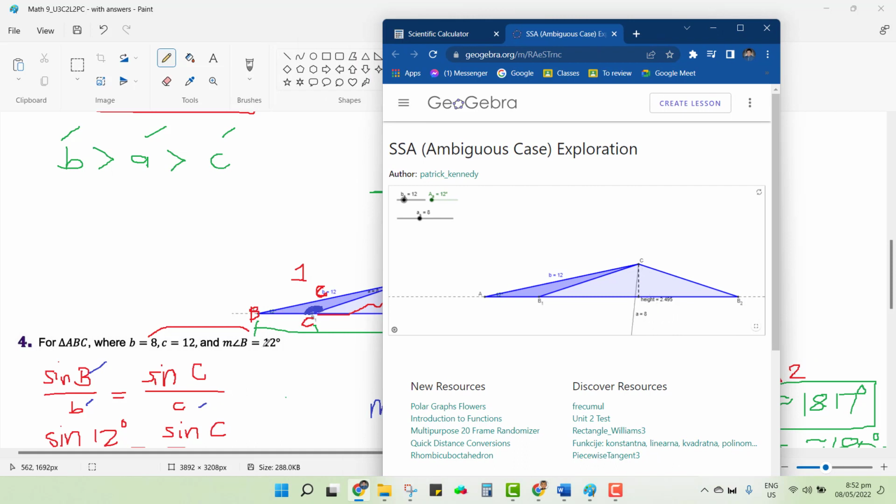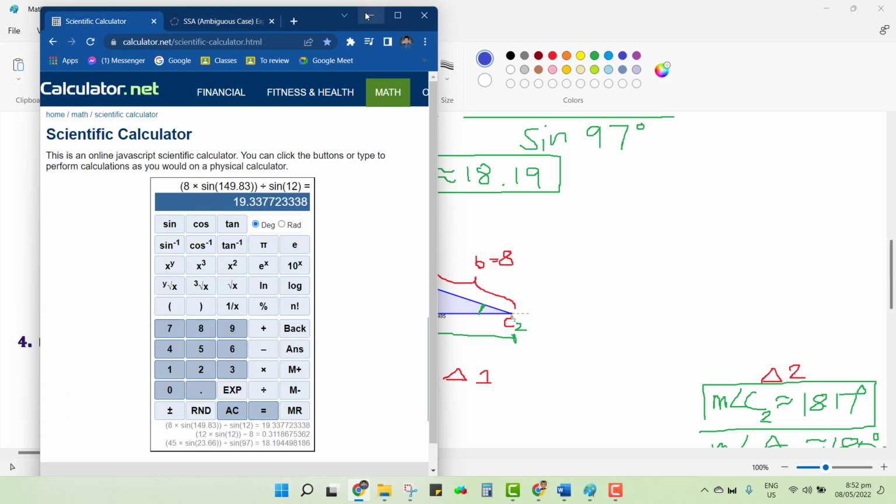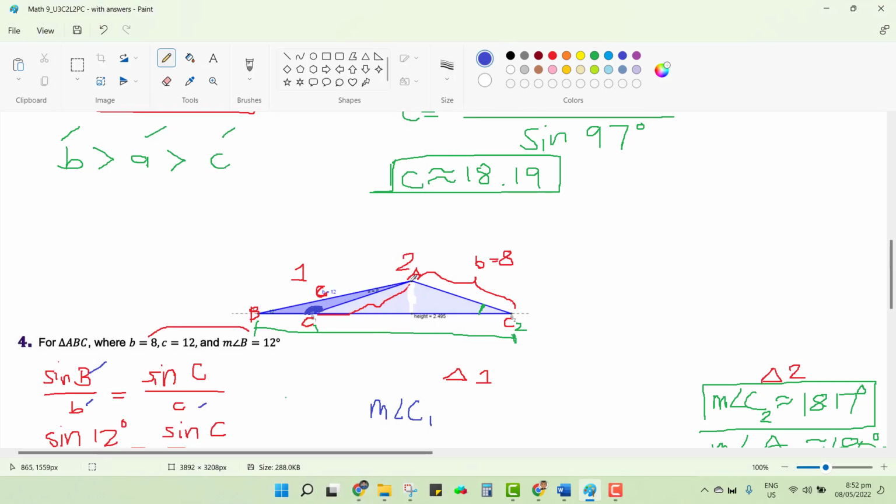The opposite side of angle B, but A in this case is 8. So it represents both here and here. My point is this side is equal to that side. Going back here, this side is equal to this side. In short, this is also 8.